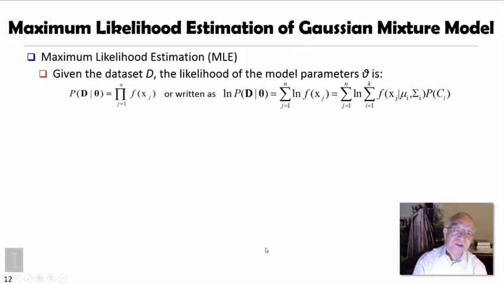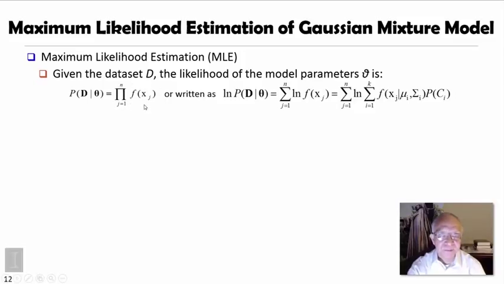Then our task is to get the maximum likelihood estimation of the model parameters. Essentially, given the data set D, we ask what the probability is, under the model parameter theta, of generating this whole set D. Since we assume all these n points are independent, their joint probability is the product of the probability density function of x sub j over all n points.